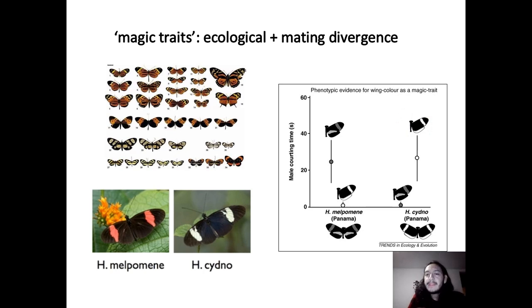So this means that this convergence of phenotypes that advertise that they're toxic is also a trait that is going to create non-random mating.